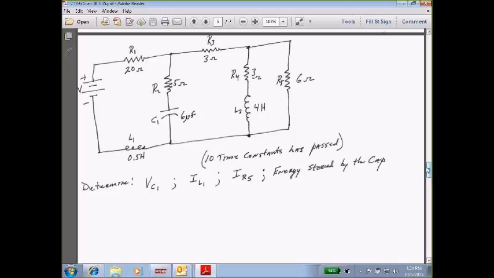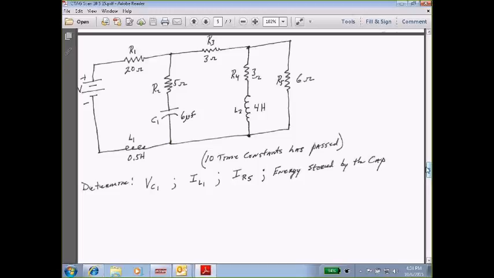When I look at the total resistance of this circuit, I start at the furthest point from the supply, and I have R5, which is 6 ohms, in parallel with R4, which is 3 ohms. And L2 just acts as a piece of wire, so that's not going to affect my resistance any.